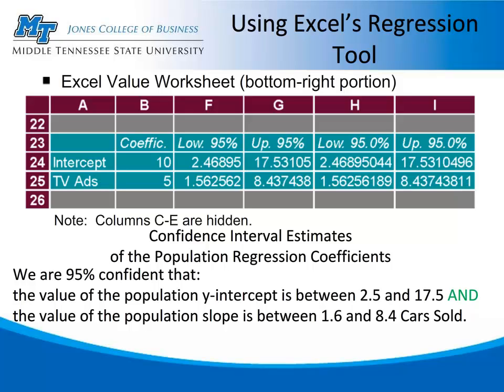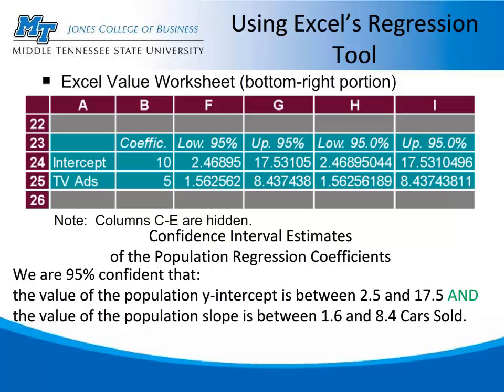You can see here that the low 95% in column F, and there's another one over in column H, it's the same number. It's just doing the same thing twice because it's doing the default. It's doing the 95%. But we're 95% confident that the population y-intercept, that beta 0, is somewhere between 2.5 and 17.5.